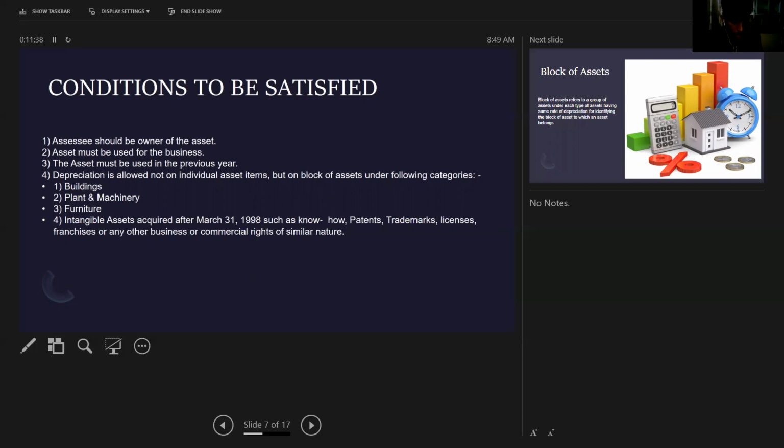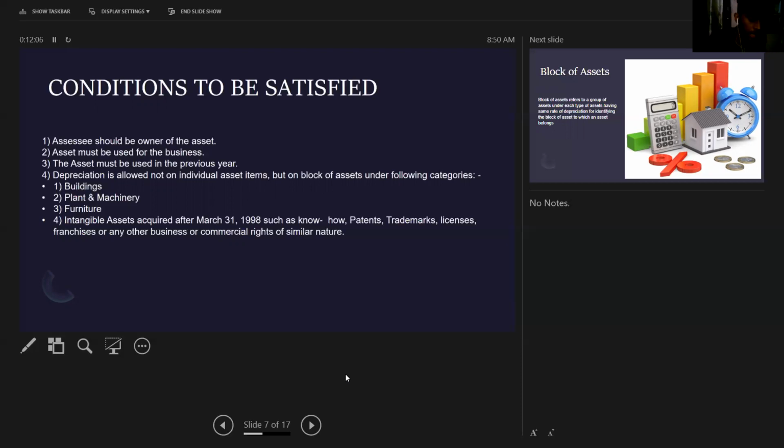Even as far as tangible assets are concerned, it is not that all tangible assets are subjected to depreciation. What are tangible assets? Tangible assets are nothing but what we can see, what we can feel, which you can touch. But intangible assets are nothing but goodwill. Goodwill is nothing but the reputation of the company.